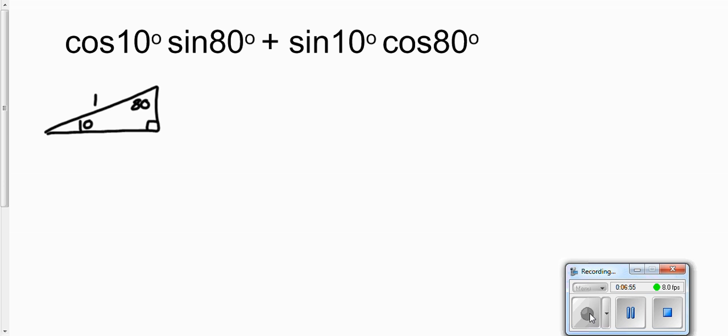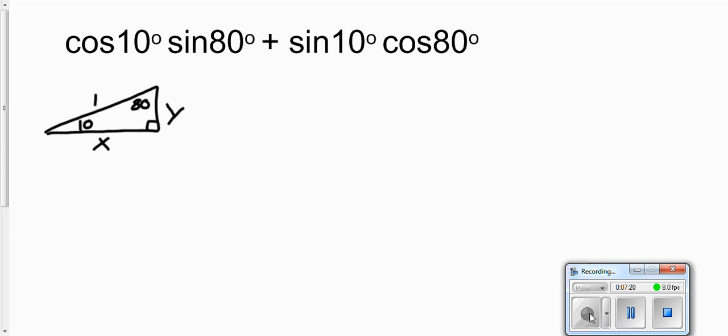And I'm just going to label my sides x and y. So to refer back to the cosine, cosine of 10 degrees, cosine is x, sine is y.